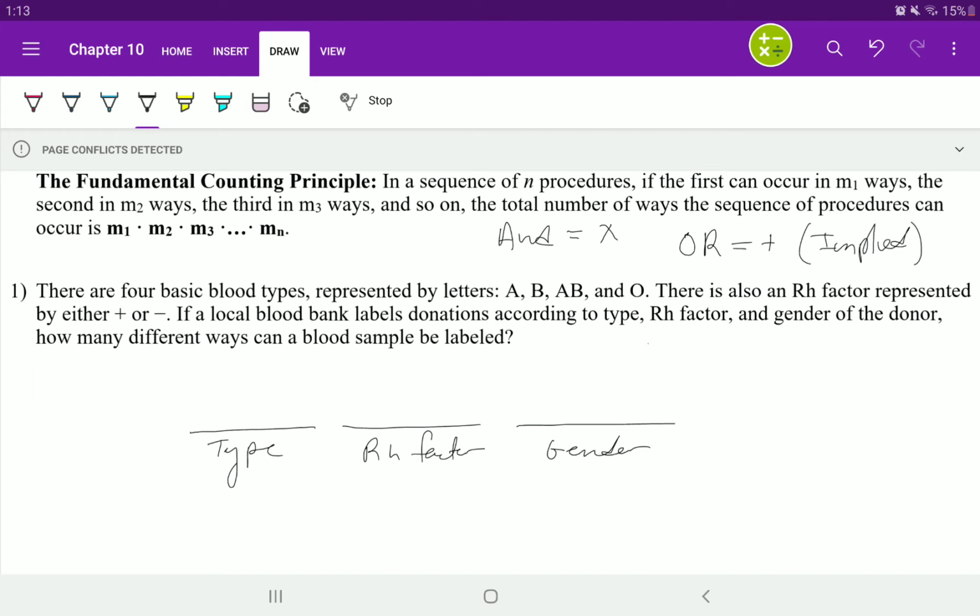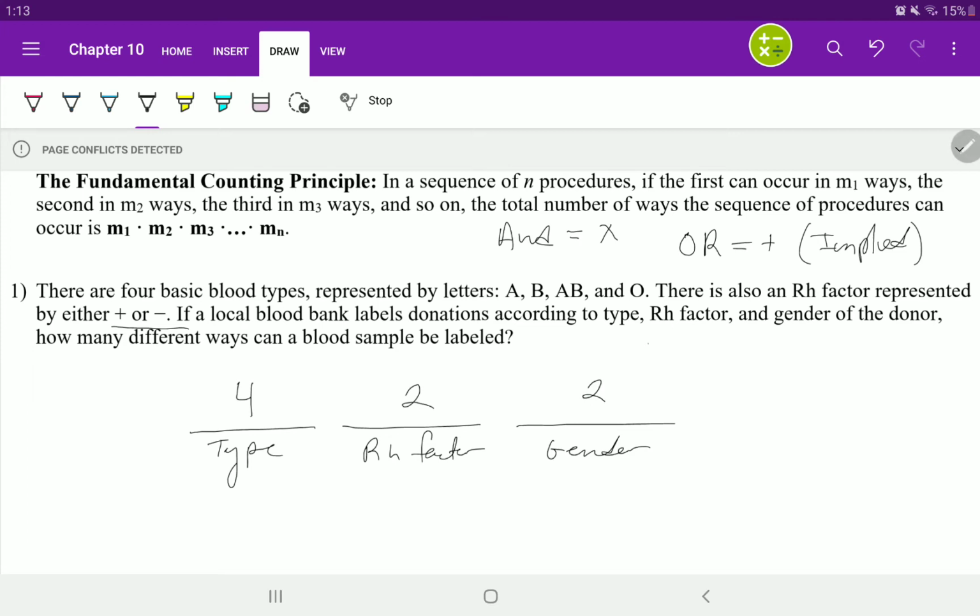So there are 4 types of blood: A, B, AB, and O. So we're going to put 4 here, and that is the number of ways the first event can occur. Then by RH factor, which is either positive or negative, so there are 2 RH factors. And for this video, we're going to focus on 2 genders. I do recognize other genders as well, but the 2 genders focused on are male and female.